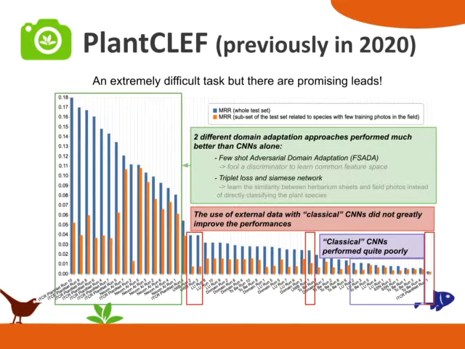One focused on training a common feature space for the two domains, and one that was more focused on training a common metric for the herbarium space and the photograph space. And so as you see, this few-shot adversarial domain adaptation method achieved the best global results, but somehow the triplet loss was the one that succeeded the most to transfer knowledge between the two domains, as we can see on the orange bars, which concern the most difficult species.